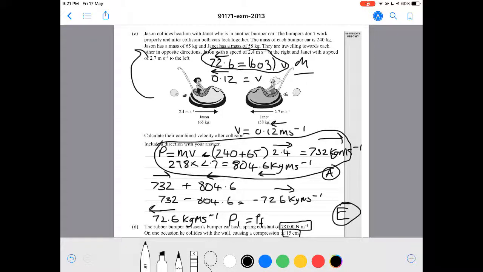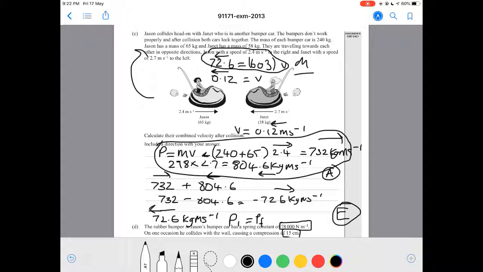So obviously, you can tell without any calculations that there was a change in momentum. And for Janet, she was moving at 2.7 meters per second in the left direction, and now after the collision, she's only moving at 0.12 meters per second in the same direction. Obviously 0.12 meters per second is less than 2.7 meters per second, and therefore you can tell that there's a change in momentum.